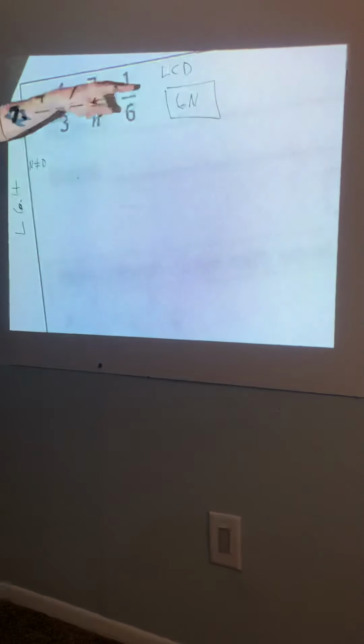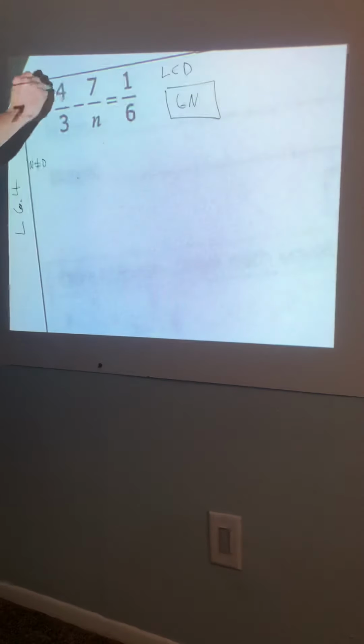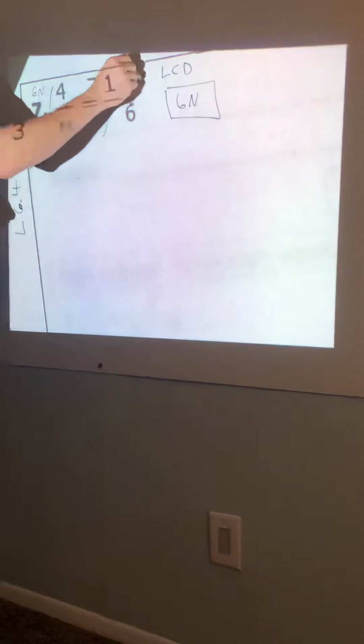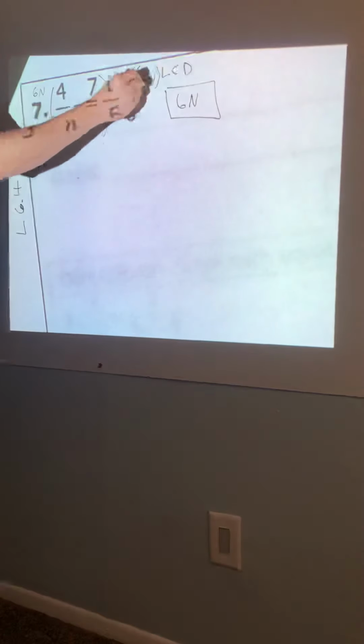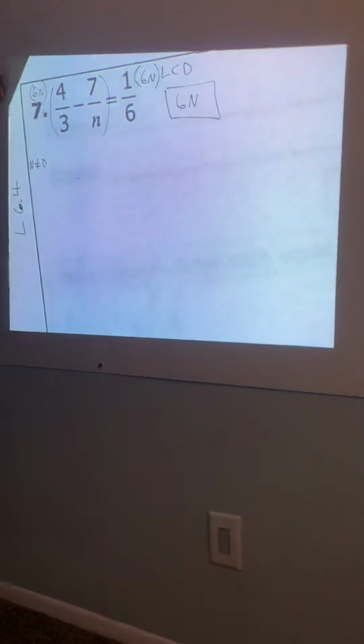After you get your LCD, we're going to take it and multiply the numerators all by 6n on both sides of the equation. Because if you do it to one side of the equation, here's your equal sign, you have to do it to the other, and we're multiplying by 6n. Here comes that great distributive property again.